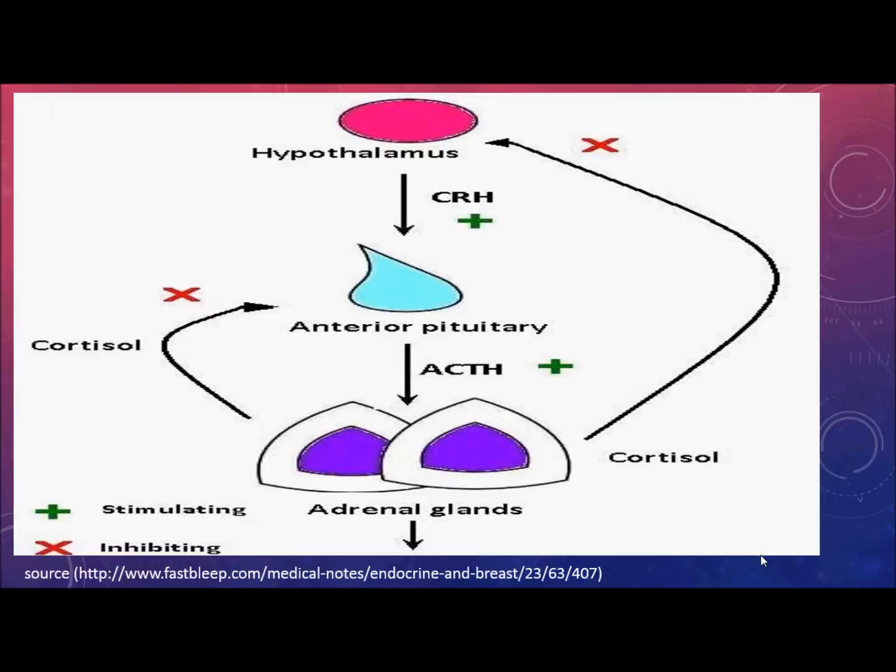And this is a simple diagram from the source Fast Bleep Medical Notes. It illustrates how the axes of the hypothalamus, anterior pituitary gland, and adrenal glands correlate with each other, also known as HPA, from the initials of the hypothalamus, pituitary and adrenal.